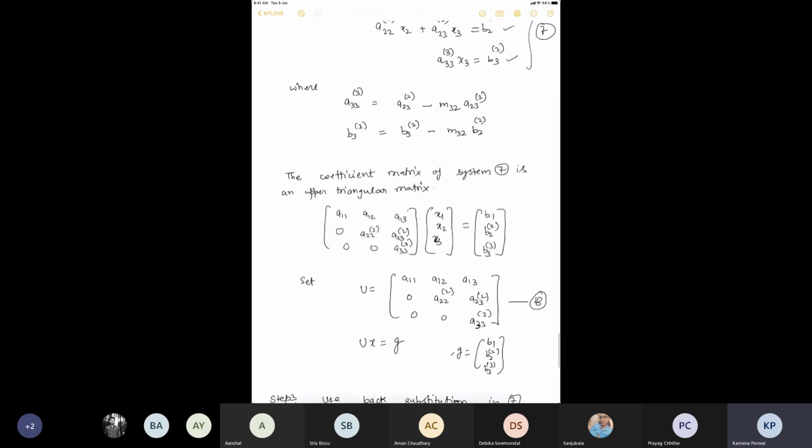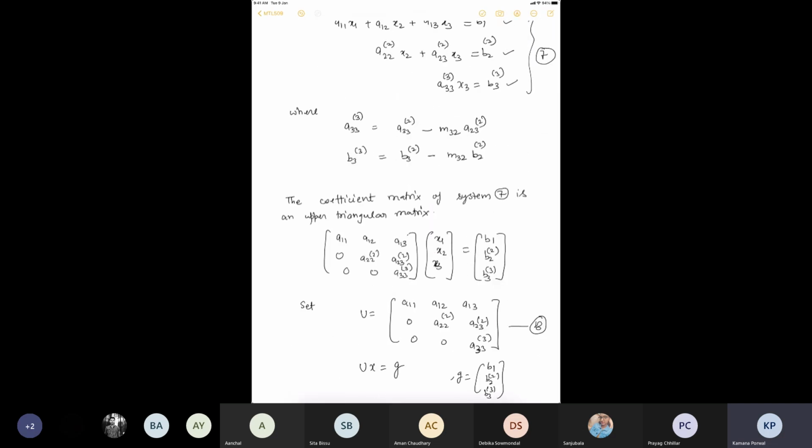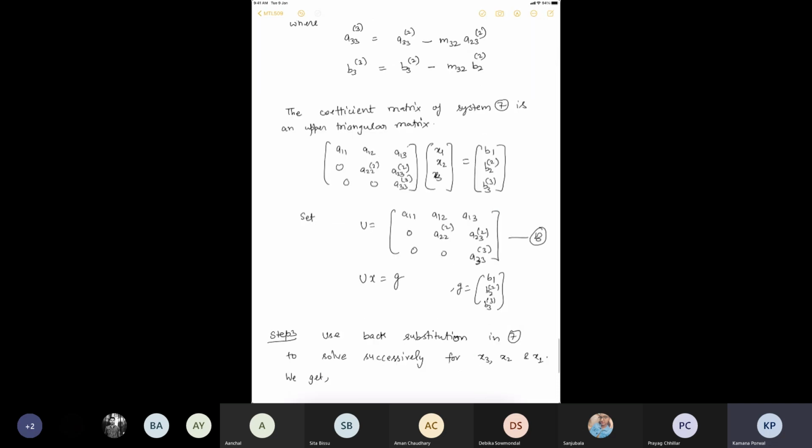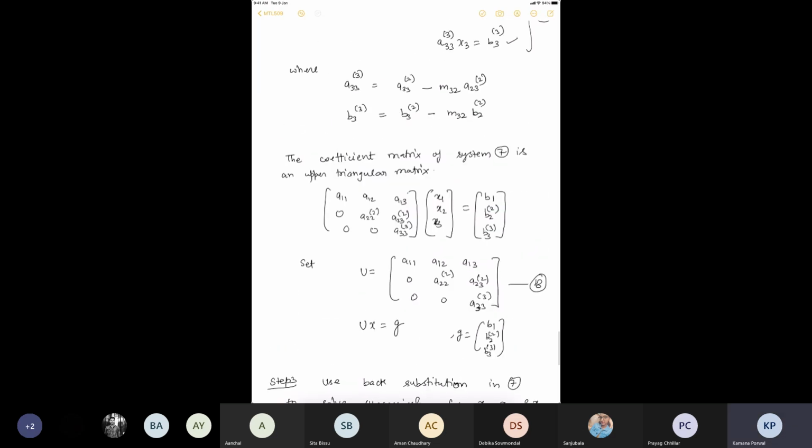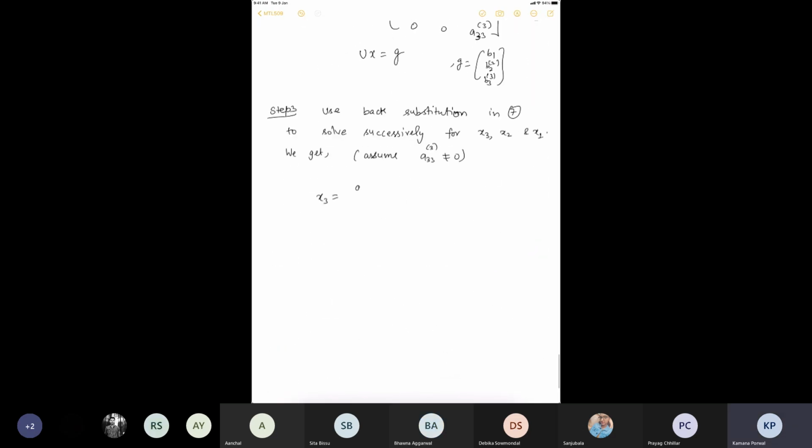So if you solve the last equation, assuming that A33, this is not equal to 0, okay, so we'll get x3 from there, and then you get x2. So then we get x3 as, what do we have? B33 divided by this component.